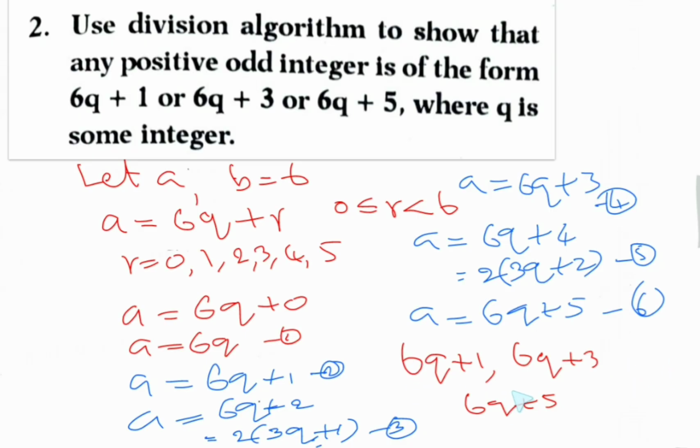These are the odd integers, or in the form of 6q plus 1, 6q plus 3 and 6q plus 5.